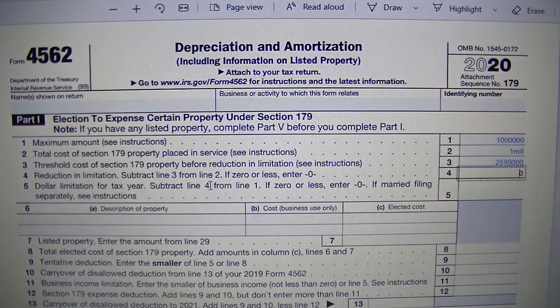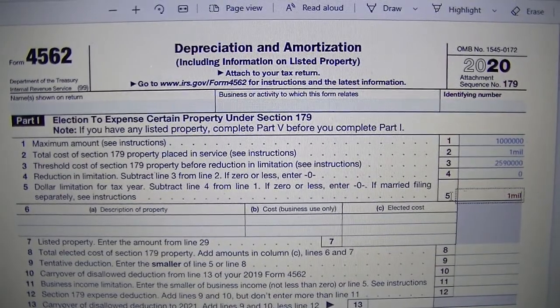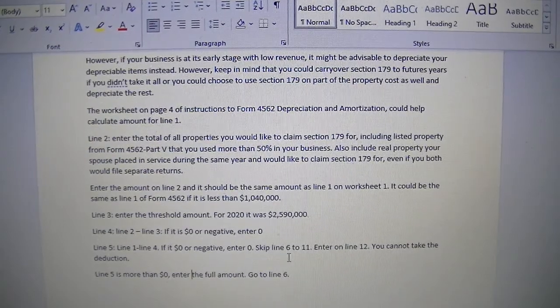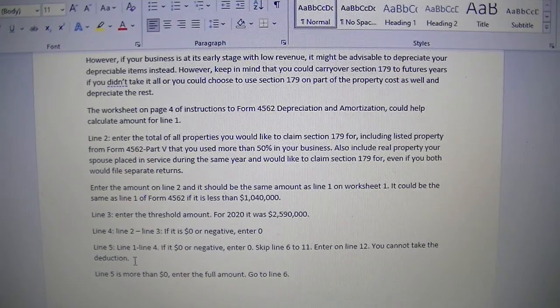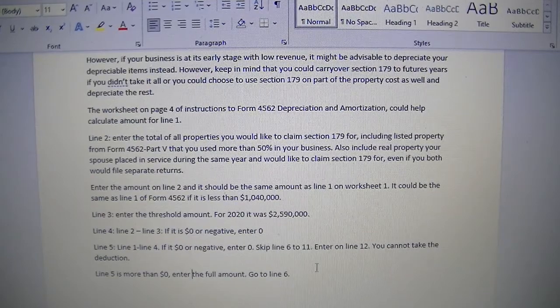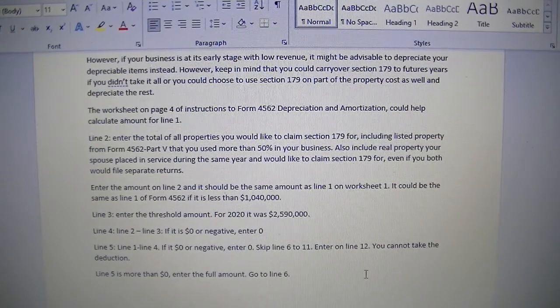Subtract line 4 from line 1. So line 1, 1 million, minus 0 is 1 million. And line 5, if it is 0 or negative, you cannot take the deduction, and you just skip lines 6 to 11 and go on line 12.